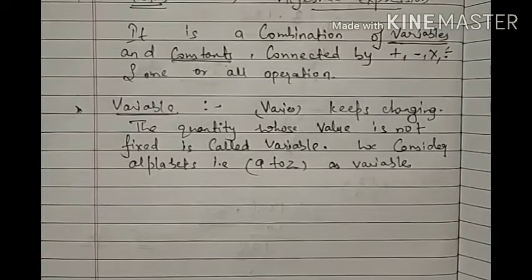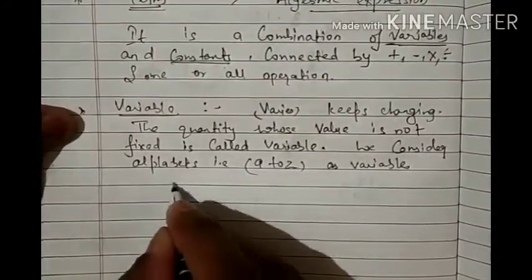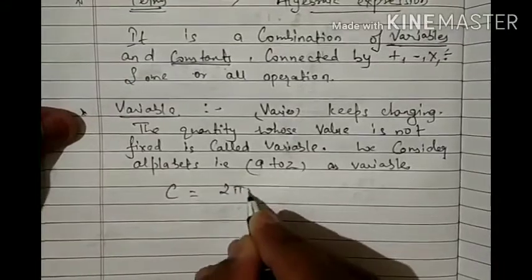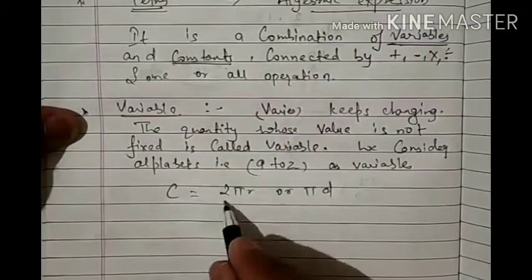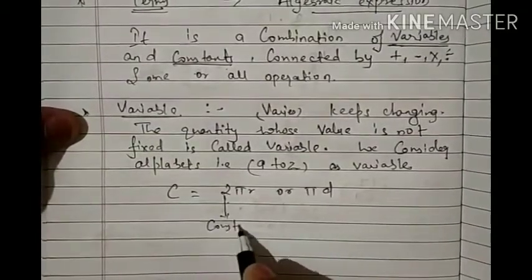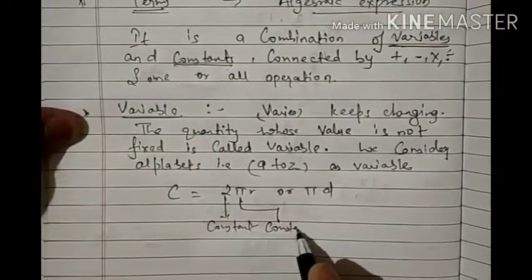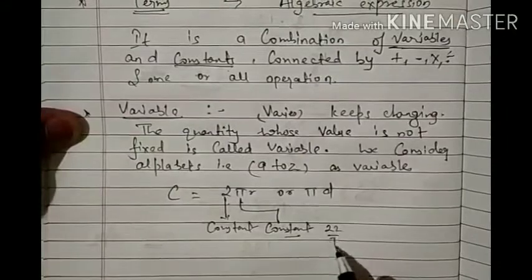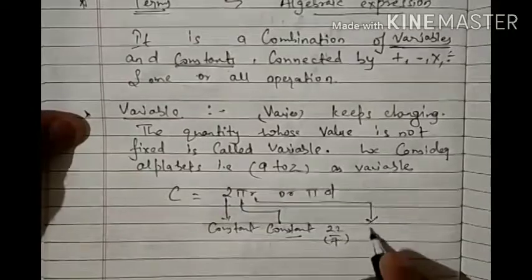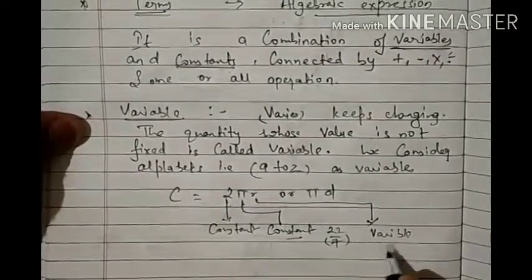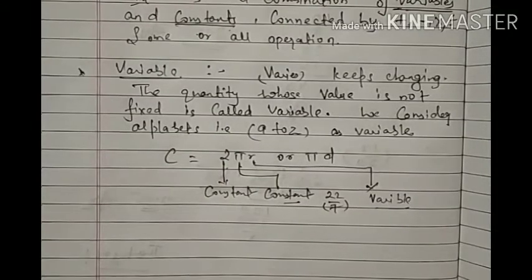For example, circumference of a circle is equal to 2 pi r or pi d, where we can see that this 2 is a constant term because its value is fixed. Again, pi is also a constant term because its value is 22/7. But this r is not a constant term, it is a variable which depends upon the circle, which is r, that is radius. So it keeps on changing.